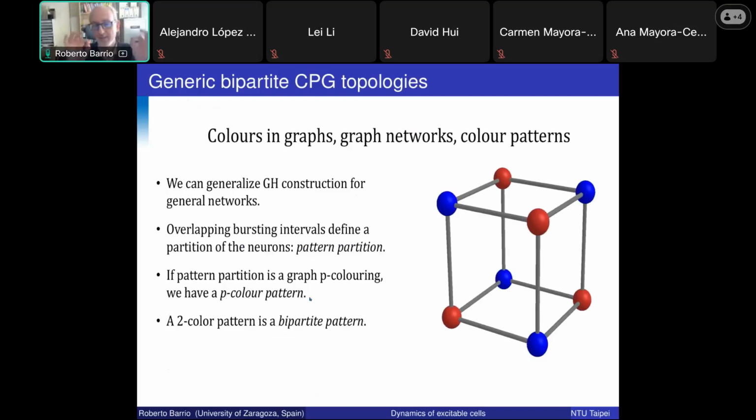That means it's a classification of the graph, it can be 2-color or more and so on. Okay, so in the case we take a 2-color pattern, that means bipartite patterns, so graphs that allow a 2-color description of the graph.